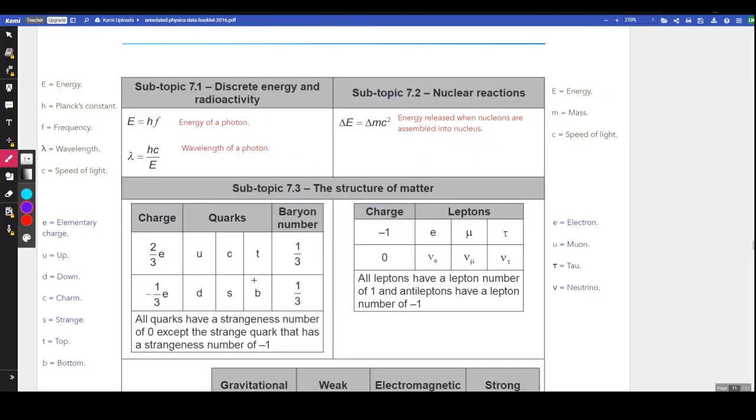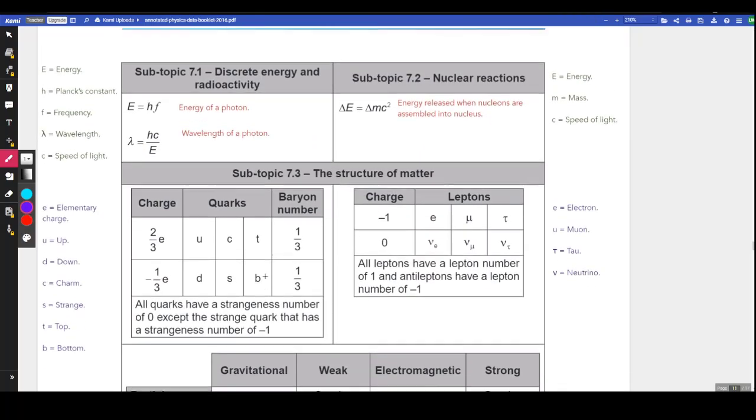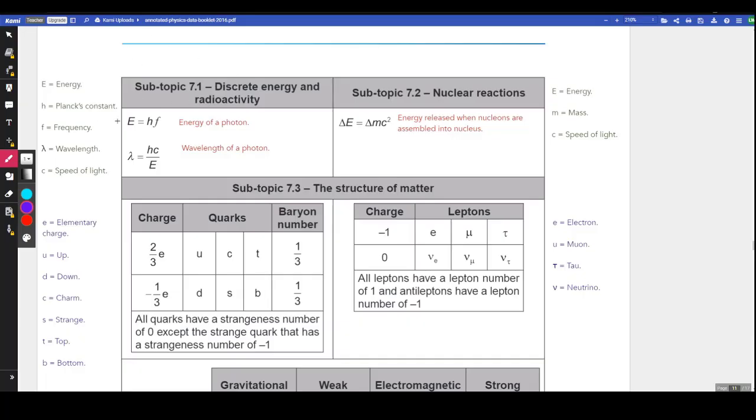For chapter 7, I think it's pretty self-explanatory, so I'll just go through it quickly. So the first one, E, is the energy when you have the electron go from one level to another level, or you want to get the energy to go from a lower one to a higher one, and that's the energy you need. So more precisely, I may call it delta E, and that is the energy of the photon being emitted or absorbed.